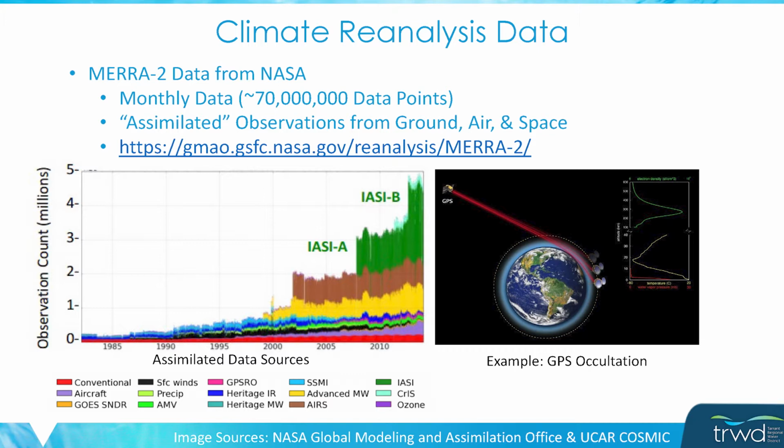This assimilated data can include ground or airplane-based measurements, satellite-based infrared, microwave, GPS occultation measurements, and really over time, the technological improvements that we've seen. This has increased those data points exponentially, as seen there on the graphic. So with the inclusion of the IASI A and B, now the current monthly data is up to 70 million data points around the globe that we can use.